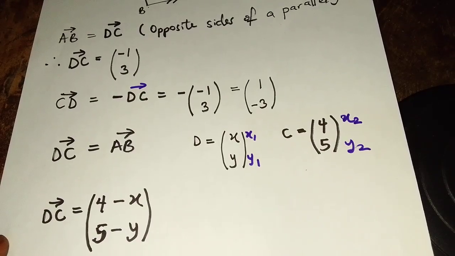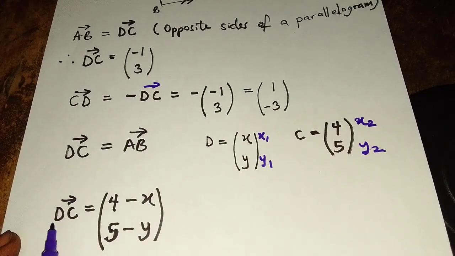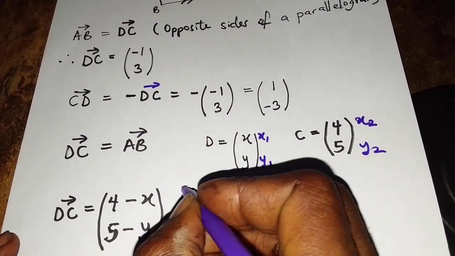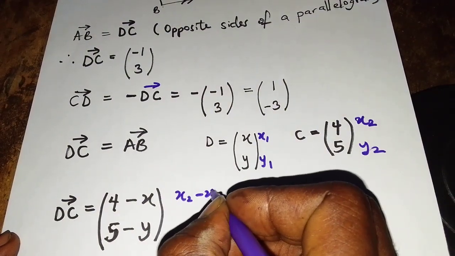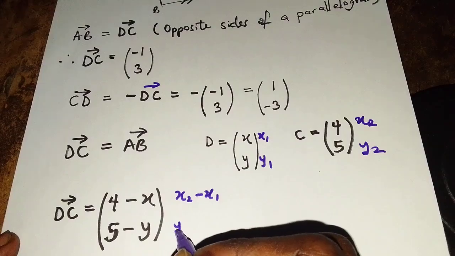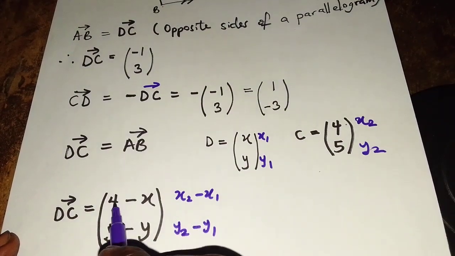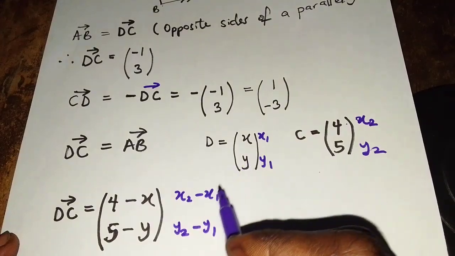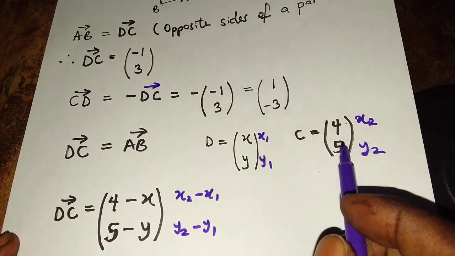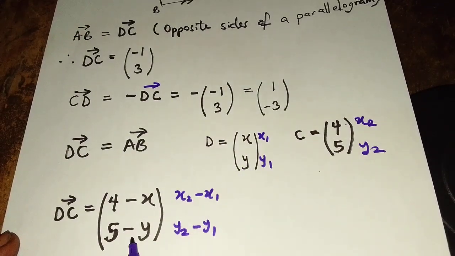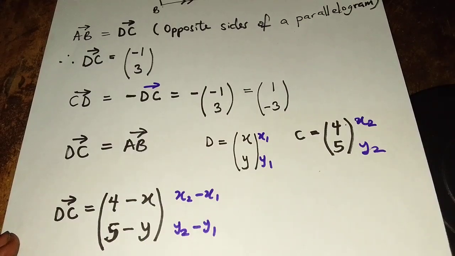So according to this, our vector DC should be equal to x2 minus x1 and y2 minus y1. Our x2 is 4 minus our x1 which is x. Then our y2 is 5 minus our y1 which is y.